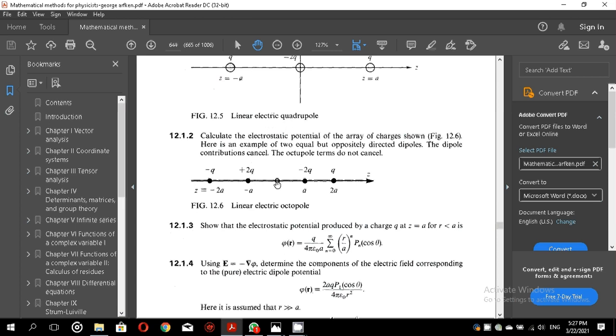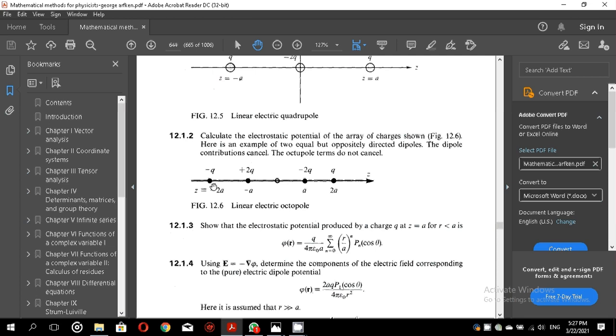And this is a further extension. Here we have a linear octopole. So now we have 2 quadrupoles placed side by side, and we have calculated the electrostatic potential due to an electric octopole. So you see the Legendre polynomials, and this is also done in my notes.